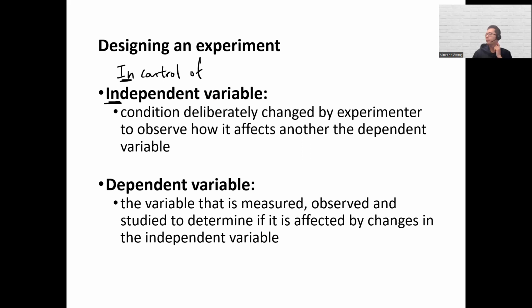Anybody? To see if the plant is going to grow taller in the sun. Exactly. So the independent variable is the exposure to sunlight, and then you want to see whether exposing it to more sunlight or less sunlight will affect the height of the plant. Plant height.